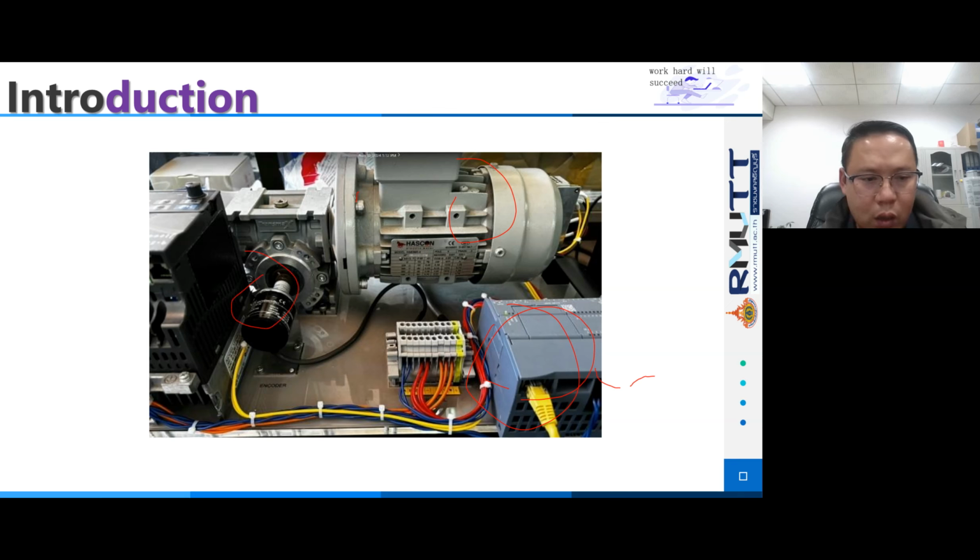The feedback device is a sensor, like a rotary encoder, attached to the motor shaft, providing real-time position feedback to the PLC.